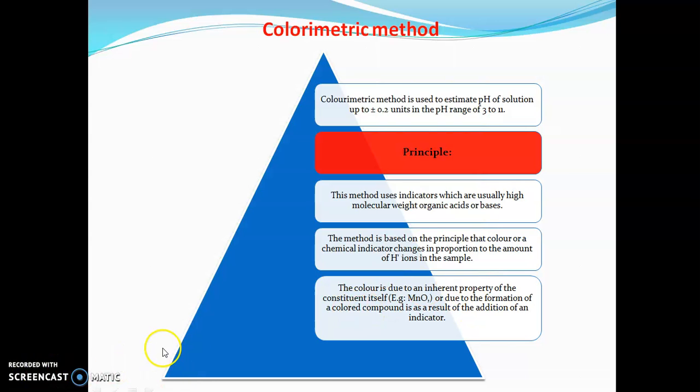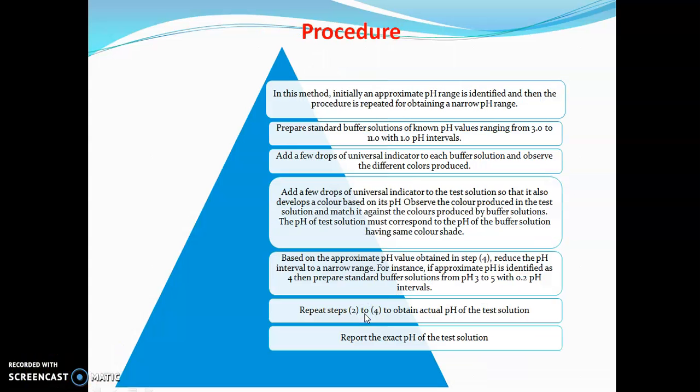Now come to the procedure. In this method, initially an approximate pH range is identified and then the procedure is repeated for obtaining a narrower pH range. Firstly, prepare standard buffer solutions of known pH value ranging from 3 to 11 with 1 pH intervals.